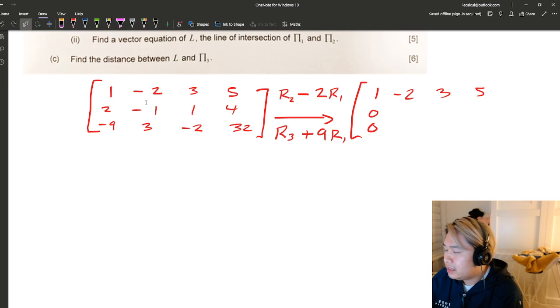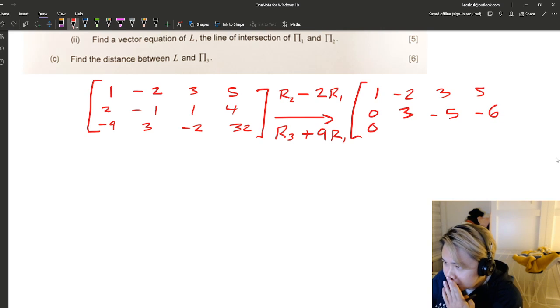Okay, and now we do this mental math. -2 times -2 is +4, and I'm going to add that to -1, which is +3. -2 times 3 is -6, plus 1 is -5. -2 times 5 is -10, plus 4 is -6.